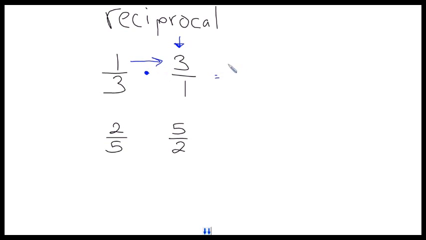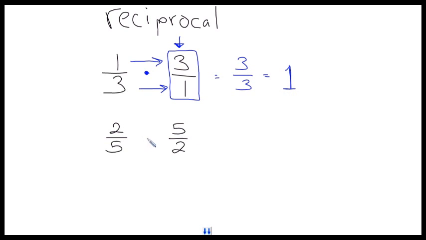Numerator times numerator gives me 3, and denominator times denominator also gives me 3. 3/3 equals 1 whole. So 3/1 is the reciprocal of the original fraction 1/3, because once I multiply by it, it gives me 1 whole number.